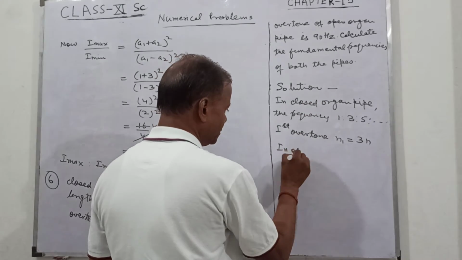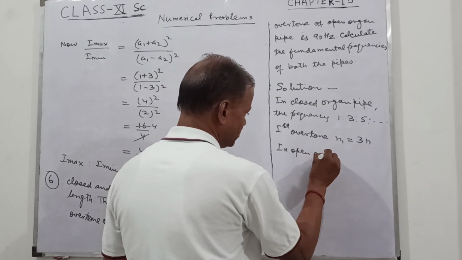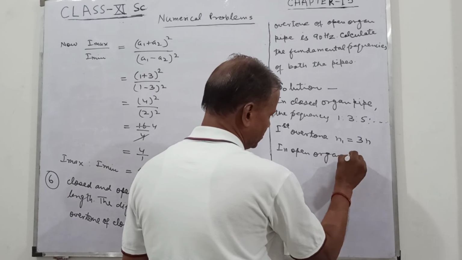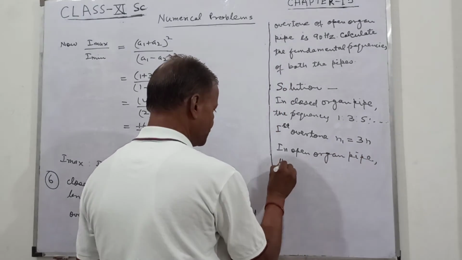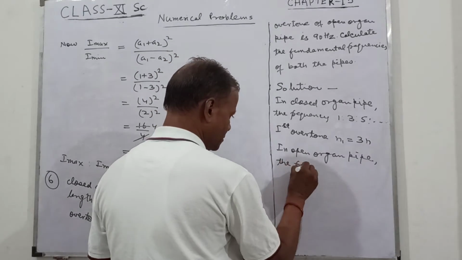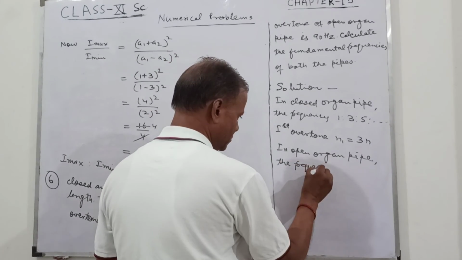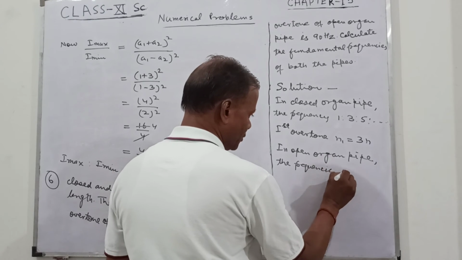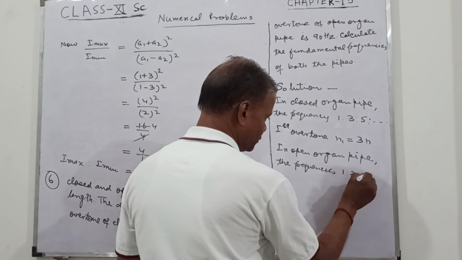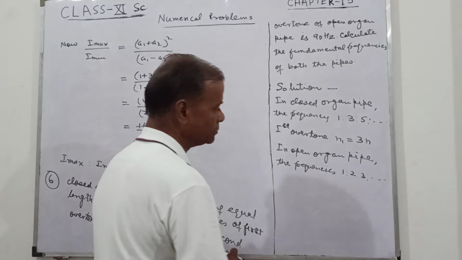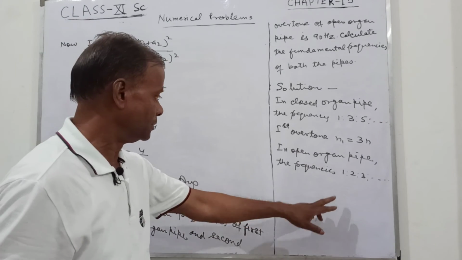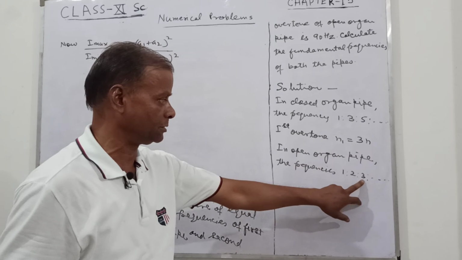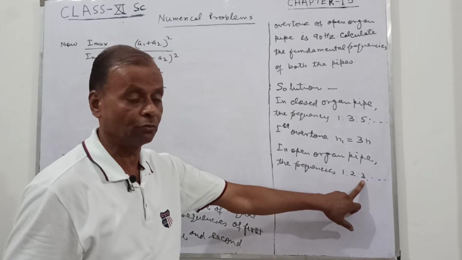In an open organ pipe, the frequencies are in the ratio 1:2:3 and so on. This is the first overtone, this is the second overtone.